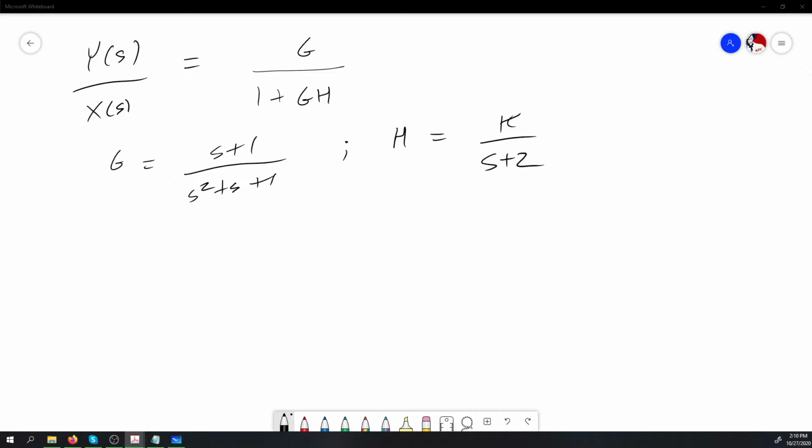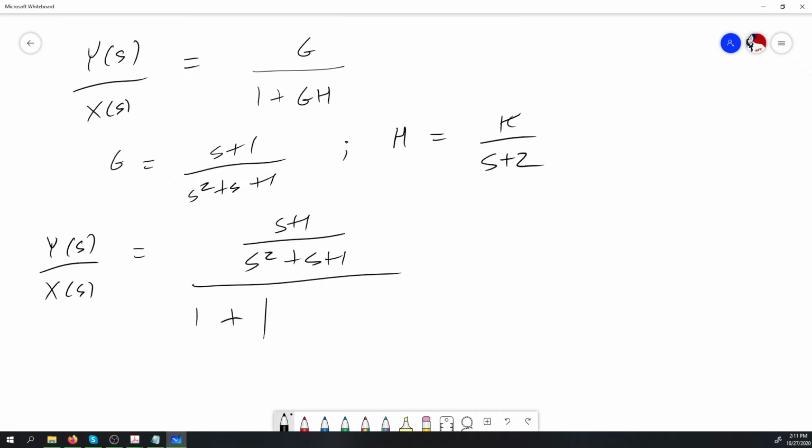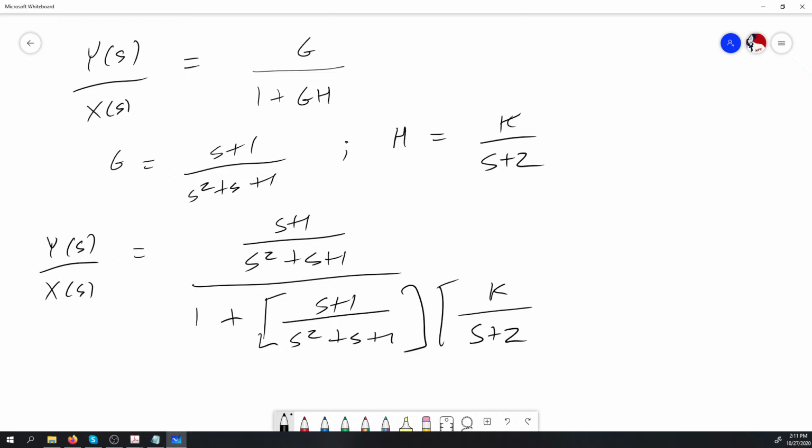Right. So let's plug this into our transfer function. It is s plus 1 all over s squared plus s plus 1, all divided by 1 plus, open our brackets here, s plus 1 over s squared plus s plus 1 into k over s plus 2.